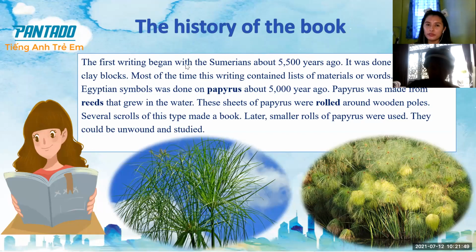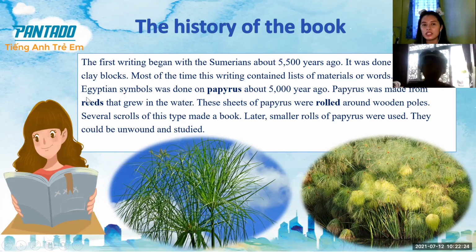The first writing began with the Sumerians about 5,500 years ago. It was done on rectangular clay blocks. Most of the time, this writing contains lists of material or words.